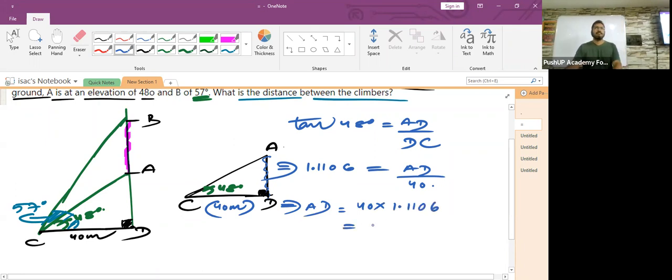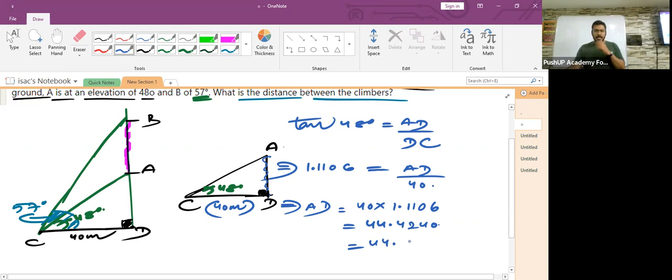How much? 44.4240. Can you please tell me the 4 decimal digits? This is what you got? Okay. Now you know the unit is meters. So after the decimal point, how many places has to be there? 2 places has to be there.